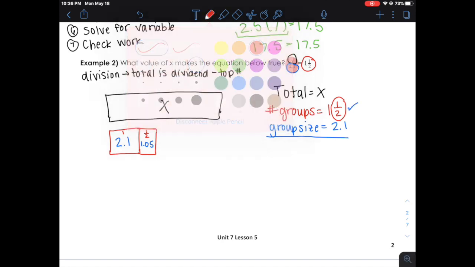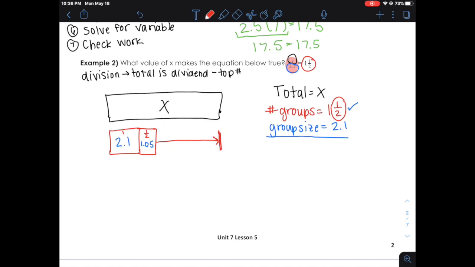The only thing is we can't really represent that over and over, so what we'll do is draw an arrow like if we had a variable. Okay, and we know that this is going to go for 1.5. Okay, so this time I have the number of groups and I have the group size. So we are going to use multiplication to solve, because this time we have the parts.